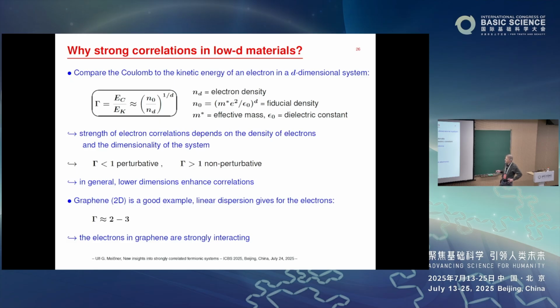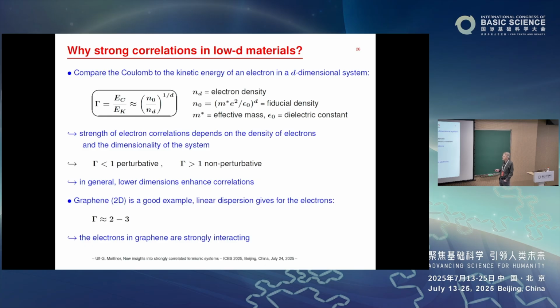There's this factor gamma, which is the ratio of the Coulomb to the kinetic energy, and this essentially is N0, the fiducial density, over the electron density. And the fiducial density, of course, involves the effective mass in the system you consider and the dielectric constant, and then this to the 1 over d.